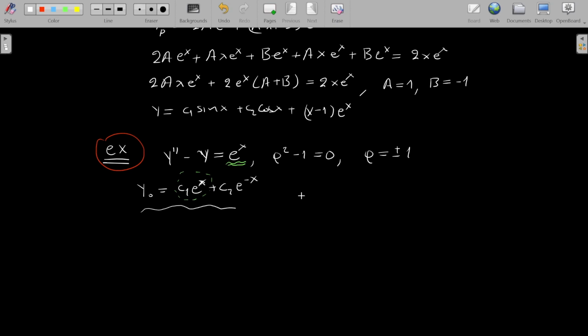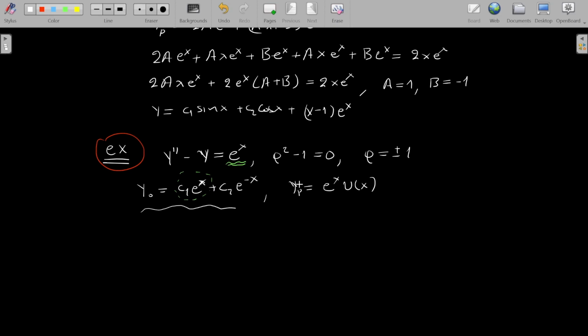Now, in this case, what we are going to do is invoke our good friend, the linearly independent solution of what we were going to search. So we're going to assume a solution where what we were going to search is going to be multiplied by a function that depends on x.